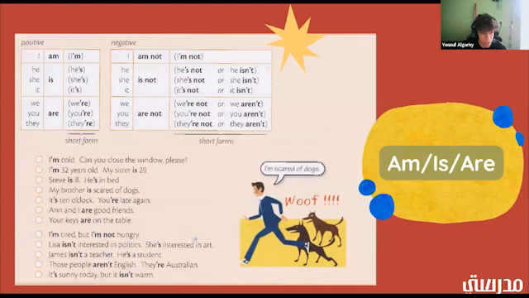Lisa isn't interested in politics. She's interested in art. What about that one? This one also has a positive and a negative. Good. So which one is positive and which one is negative?